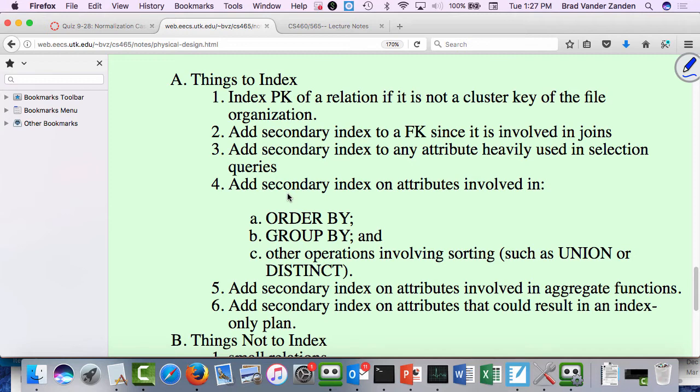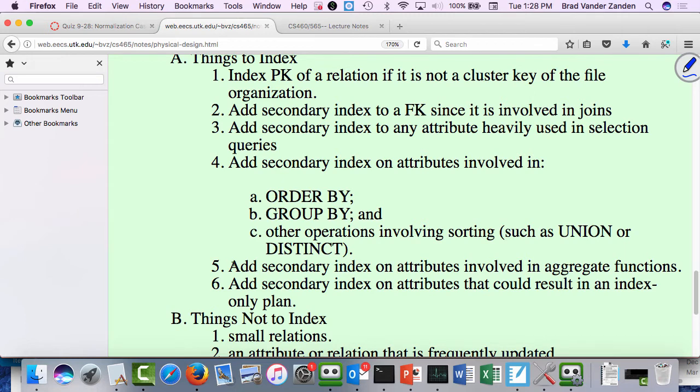If I'm often saying group by branch number, it'd be nice if they were in some index so that we can easily get to them. So anything involved in sorting tends to get a secondary index on it.